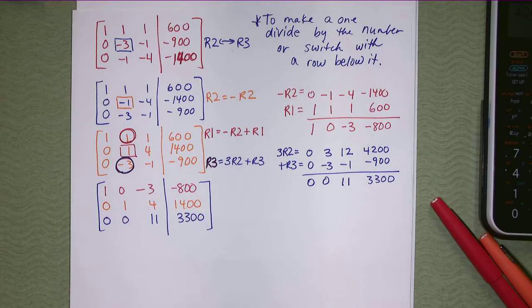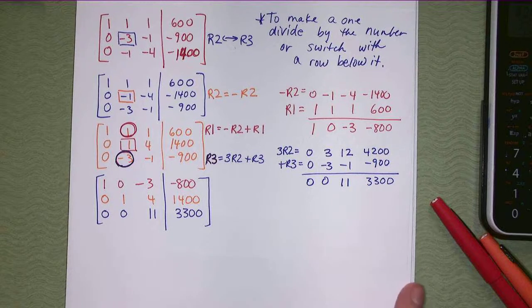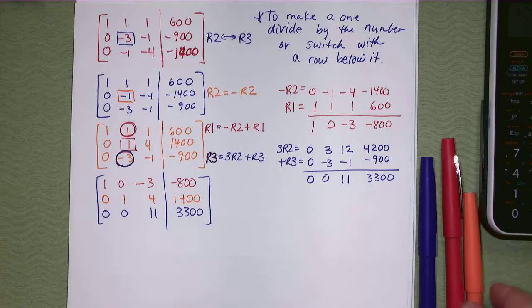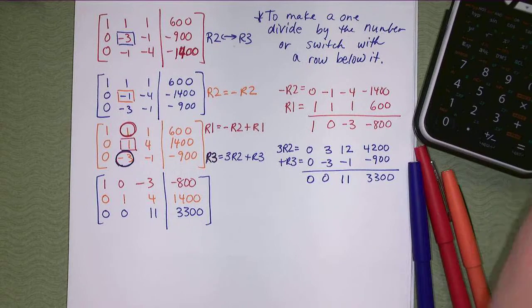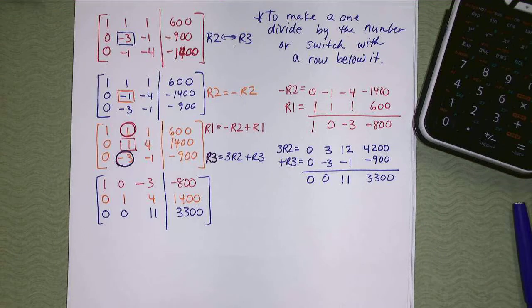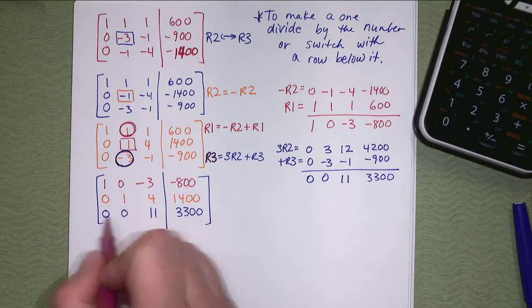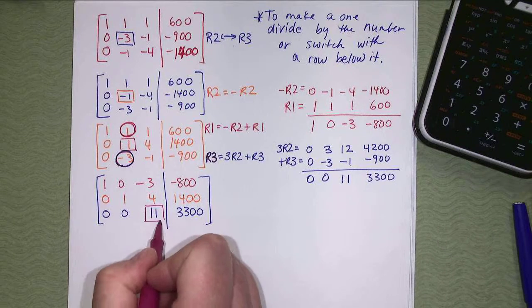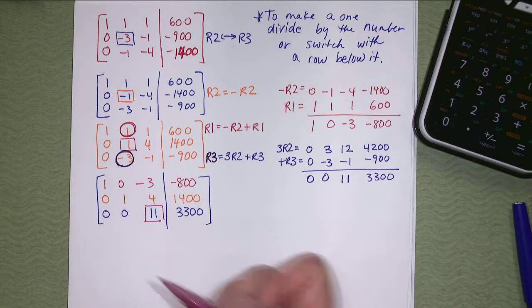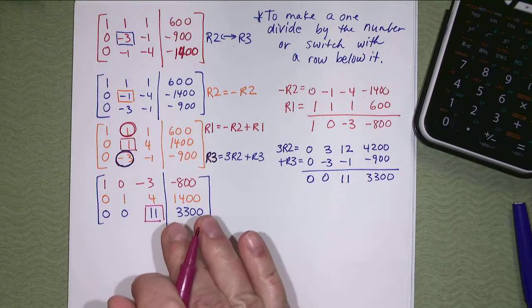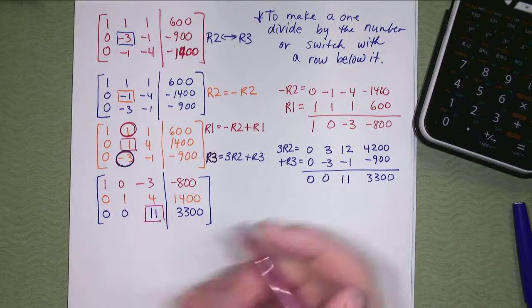Okay, where do we go from here? So we put a 1 and then 0, the 1 and the 0. So we go to the first non-zero number, we make it into a 1. There's no row below it, so your only choice is dividing by 11, whether that works nice or not. Doesn't matter. So row 3 is row 3 divided by 11.